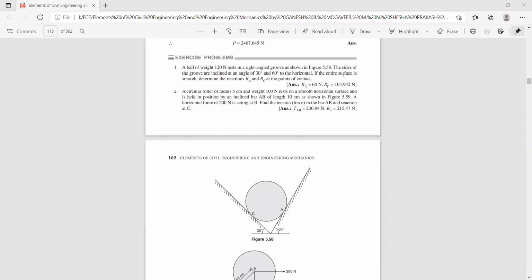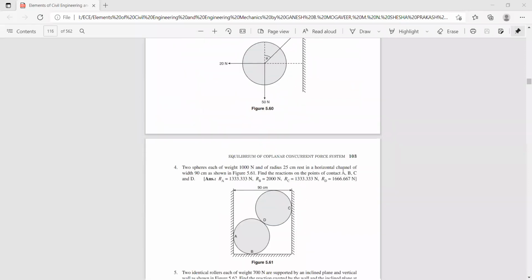Are the answers correct? RA 60 Newton and RC is 103.942. Yes, sir. RA is equal to 60.06 Newton. RC is equal to 103.90 Newton. Very nice. Okay.